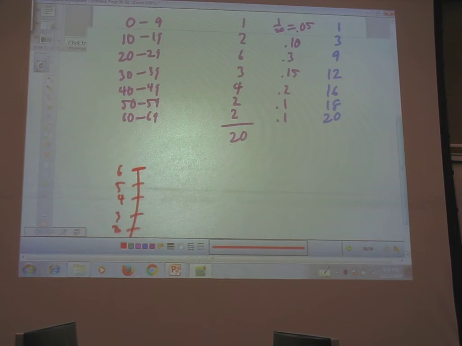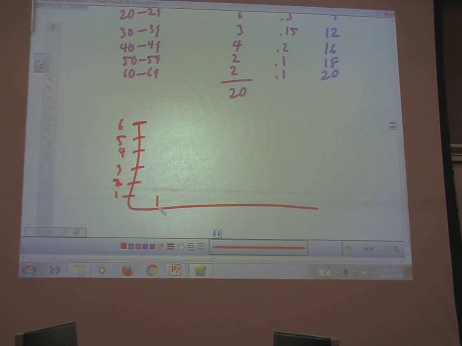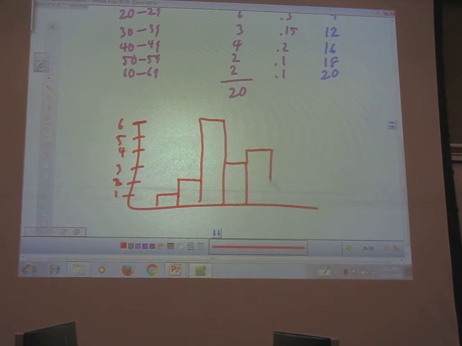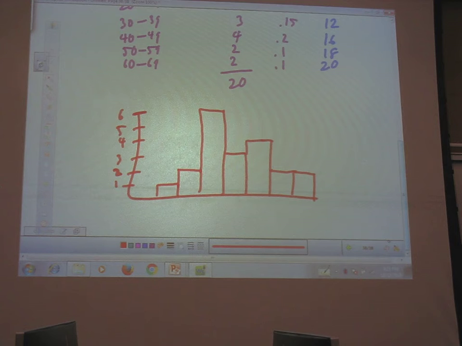My first one is a height of 1, and then 2, and then 6, and then 3, and then 4, and then 2, and then 2.